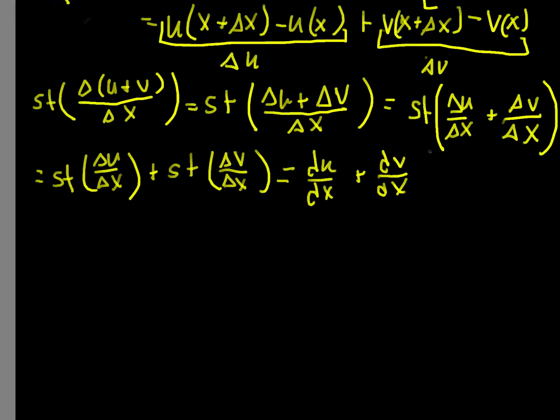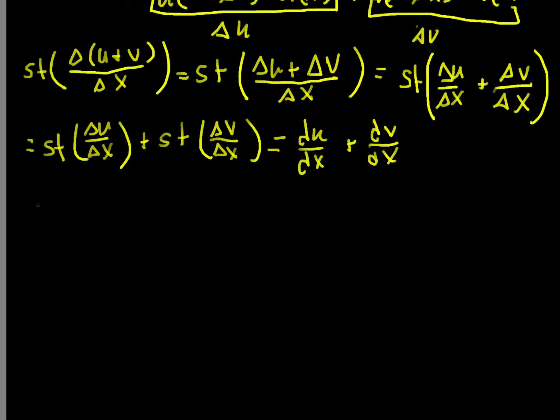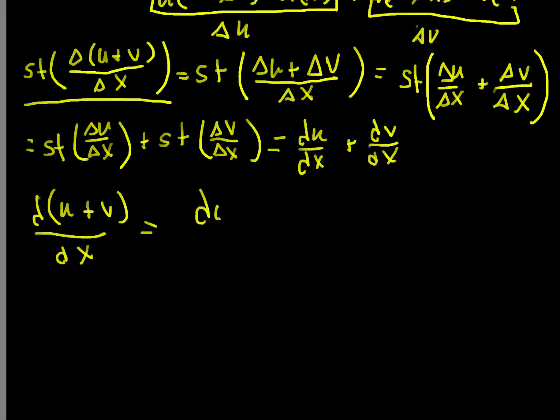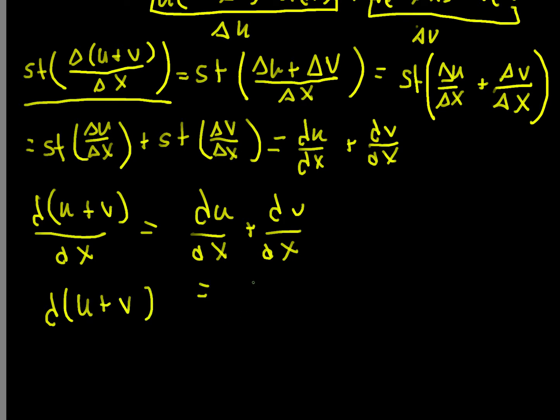So now we can formally write that the differential of u plus v with respect to x, which is what we just calculated here using this standard part, is equal to du dx plus dv dx, or in differential form, d of u plus v is equal to du plus dv.